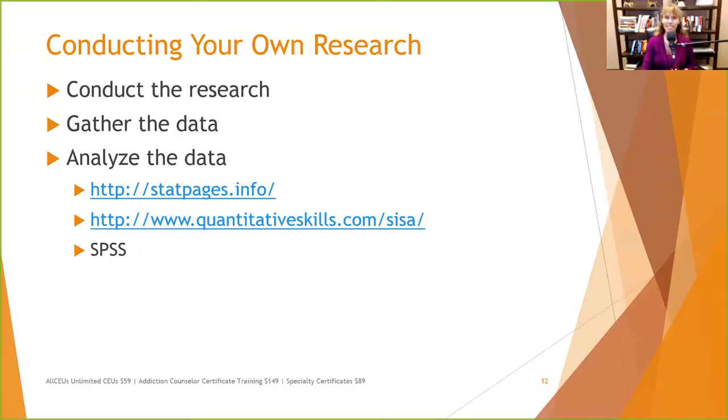So if you get really into that stuff, these are the places that you want to start before you invest in something like the Statistical Package for the Social Sciences, or SPSS, which a lot of us used when we were in grad school. It does beautiful graphs. If you like doing graphs and all that kind of stuff, SPSS is the way to go. But again, that's another huge investment, not only to learn how to operate the software, but the cost of the software.